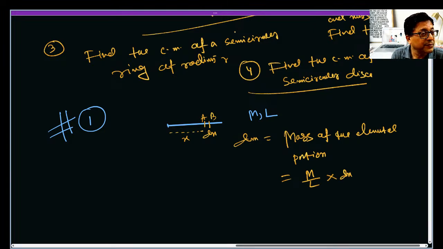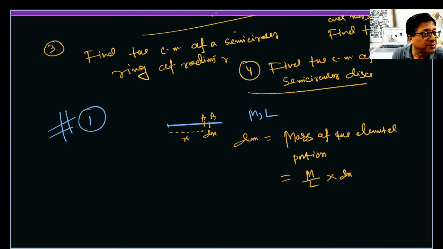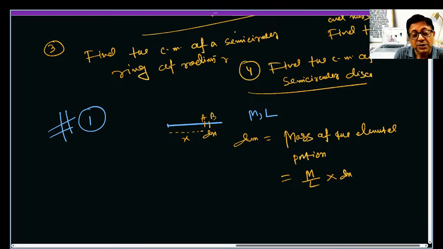You agree? Mass per unit length into dx. So is the formula. Only x bar exists. y bar 0, z bar 0, because the rod is a one-dimensional object.